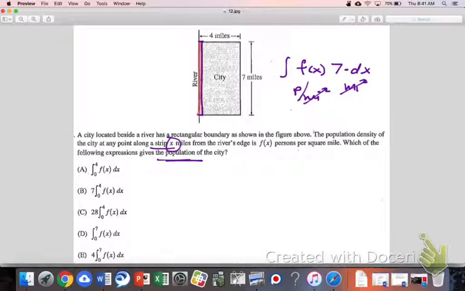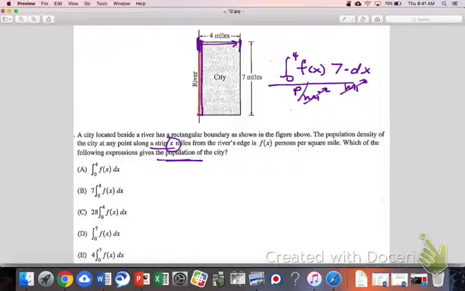As far as the limits of integration go, we're going to be accumulating these little skinny rectangles from the left side of the city over to the right side of the city. So I'm going to start 0 miles from the river, and I'll finish accumulating when I am 4 miles from the river.